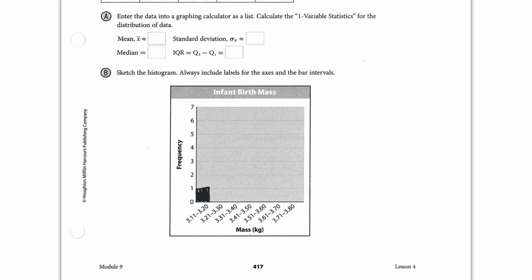Then how many between 3.21 and 3.30? There are 2 3.3s. And then we have 4 between 3.31 and 3.40.